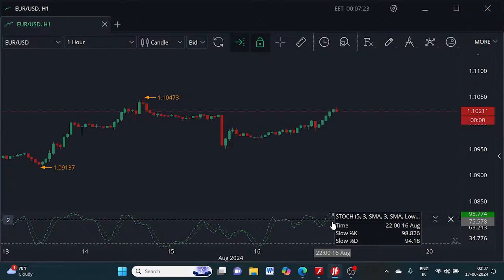The percent %D line is simply the moving average of the percent %K, so if the percent %K is trading above the percent %D, that means the immediate price action is stronger than the average price action. That is going to reflect on the bullishness of the price formation.